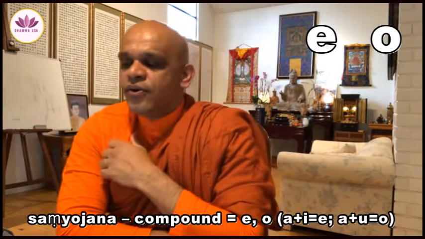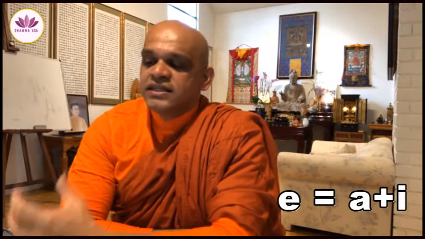E is the combination of a and i. That is why it is called compound, Sanyojana in Pali. And o is the combination of a and u.